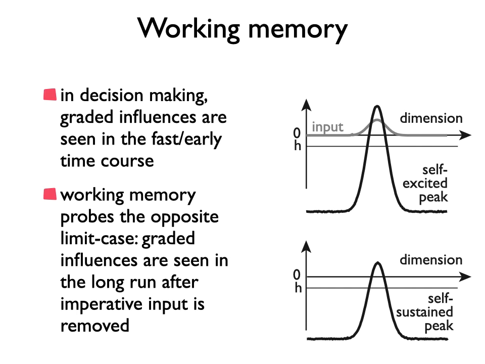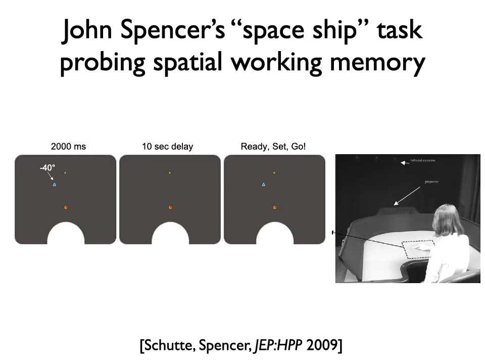And so this is the paradigm where you set a peak, but then you're measuring the peak later. And so John Spencer developed this spaceship task in which he probes spatial working memory. He did that also with children.